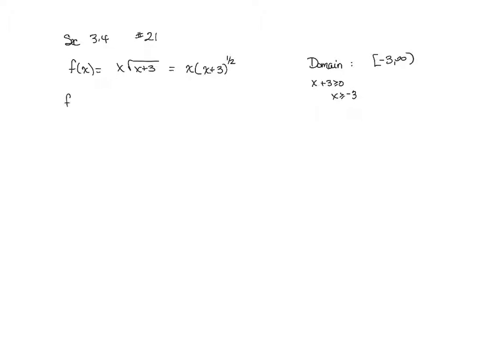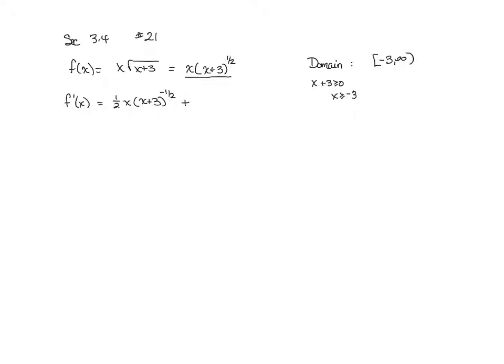So when I take the first derivative, I'm going to use the product rule. I'm going to have the first times the derivative of the second. If I multiply by the derivative of the inside, x plus 3, that's just 1.